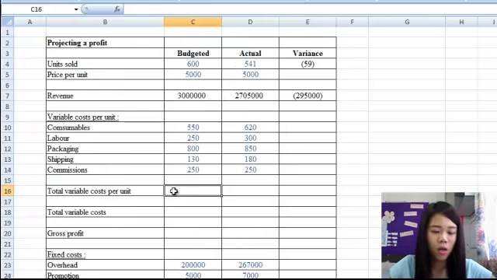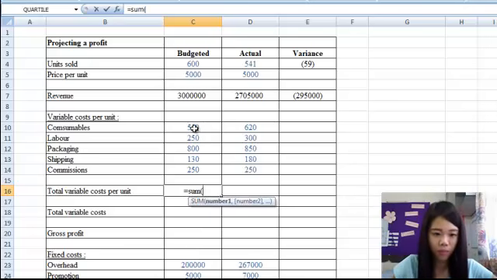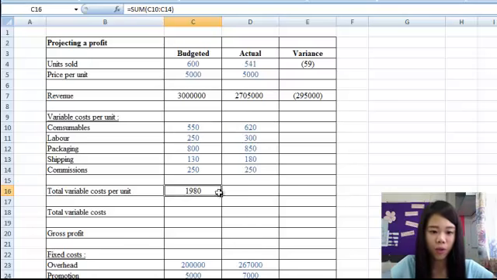The total variable cost per unit: we sum up all the variable costs per unit. This will be the total variable cost per unit for the budgeted production, and we can drag the cell to calculate the actual total variable cost per unit.